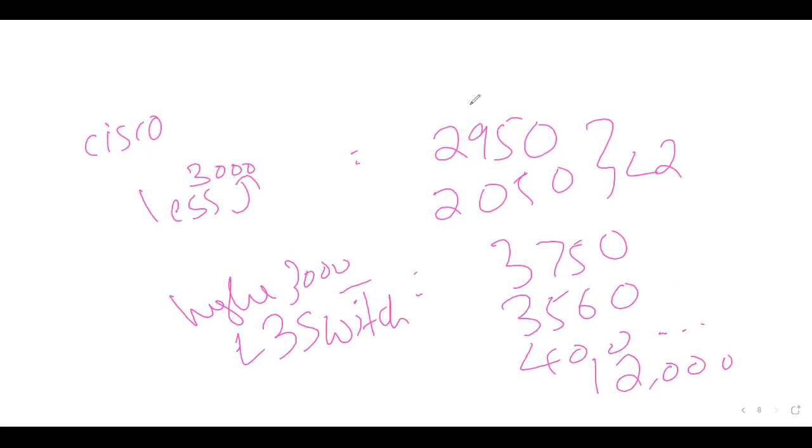Now it has changed. Now we need to look into the data sheet to see whether it is layer 2 or layer 3. As an example, in Cisco, if I say 2950, it's a layer 2.